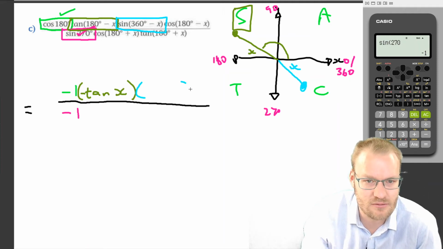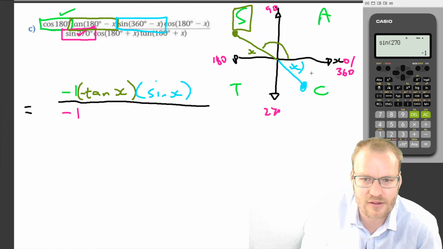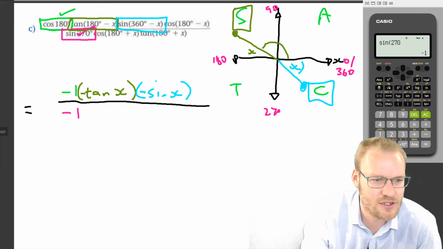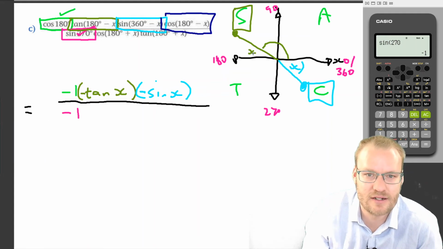So this is, I'm going to put in brackets and leave a bit of space for this sign, plus or minus if I need it, and go, well, that's x, we're in cos, nope, that's sine, so this must be a negative. And our last one is cos of 180 minus x.